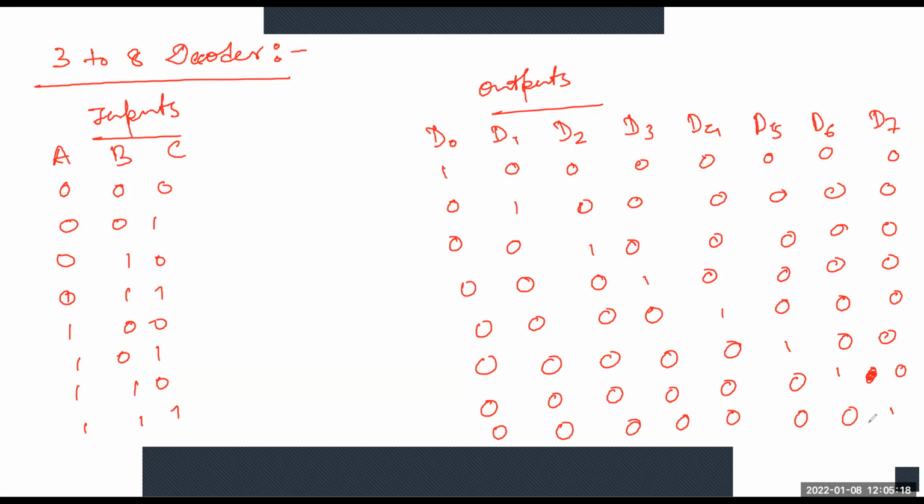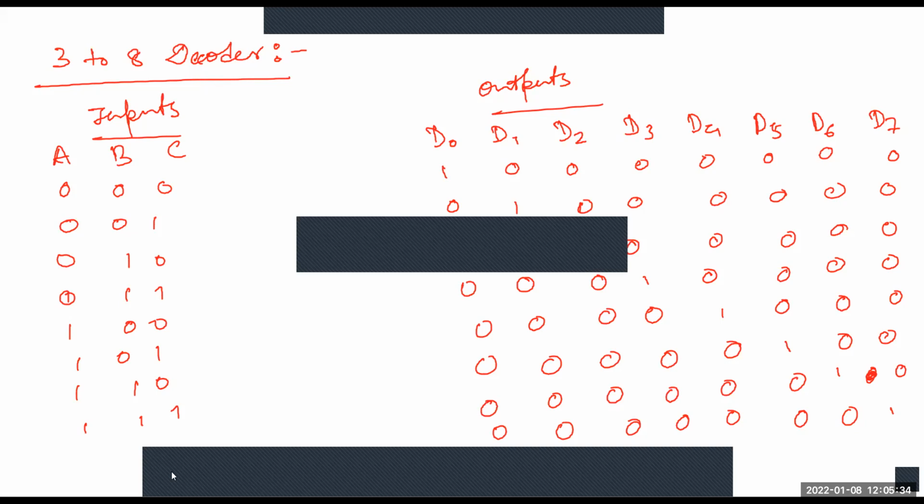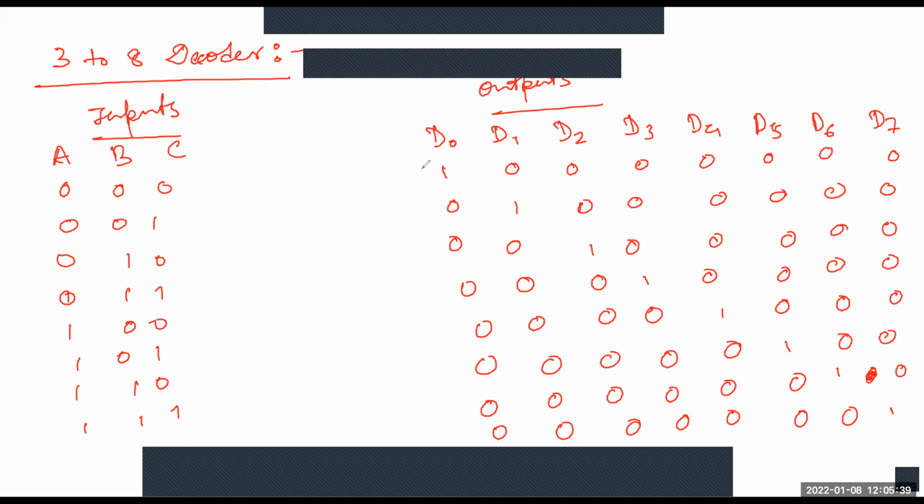For D1, it is A bar, B bar, C. For D2, it is A bar, B, C bar.